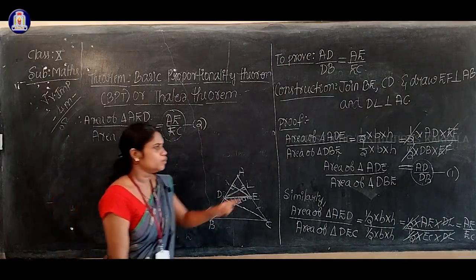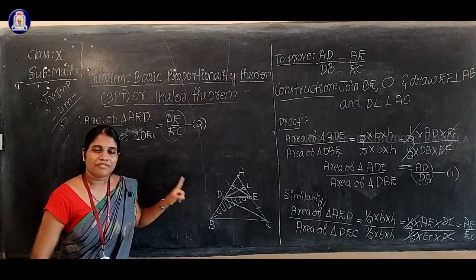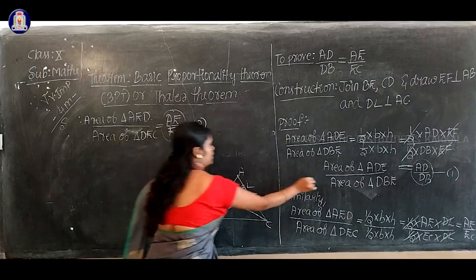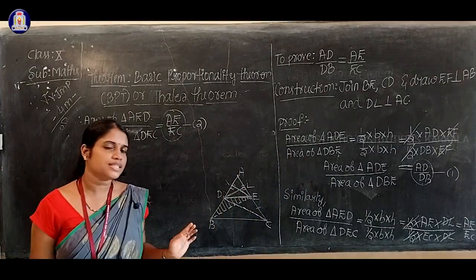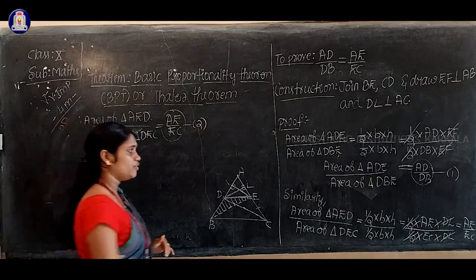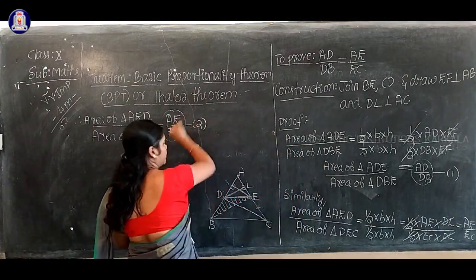To prove these two are equal, we have to prove the left hand sides are equal. If the left hand sides are equal, then obviously the right hand side terms will be equal. So just compare the left hand sides of equation 1 and equation number 2.